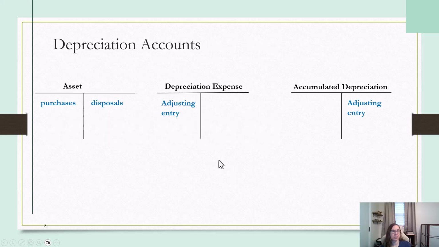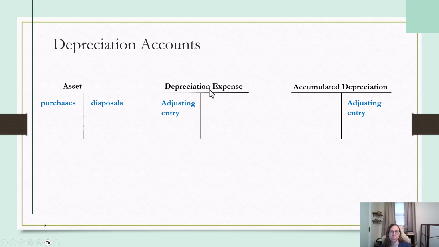And then from a T account standpoint, this is what the accounts would look like. You have the asset account where purchases would be on the debit side. And then when those assets are disposed of, in other words, sold, or maybe they get rid of them because they're worthless, whatever the case may be, once they dispose of that asset, it would be a credit to subtract. So you're adding purchases on the debit side, subtracting on the credit side.